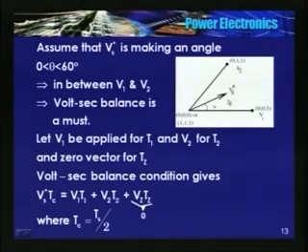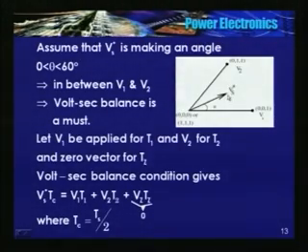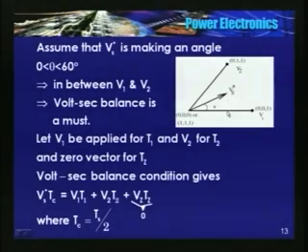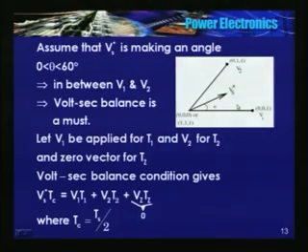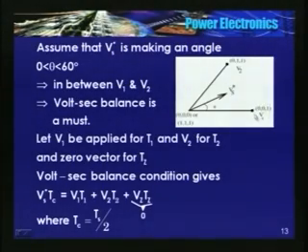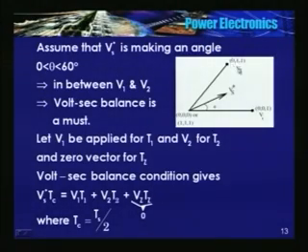I will repeat, the total flux produced by the space vector when it is in this position, magnitude and position both, should be the same as when you switch this as well as this.